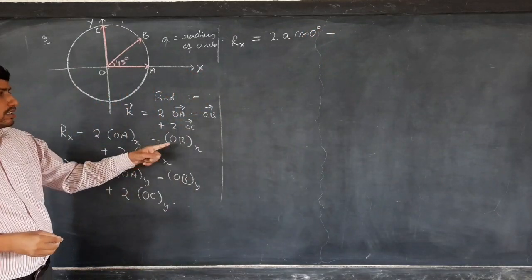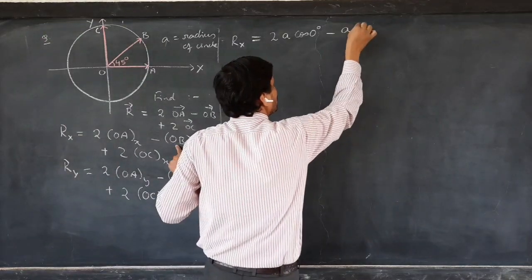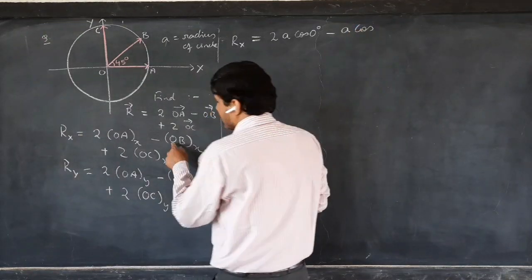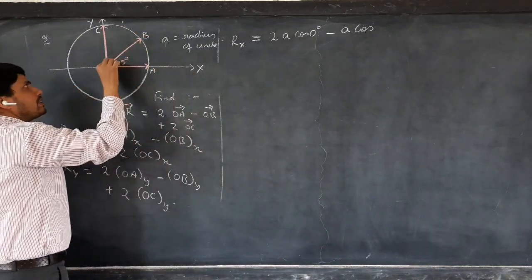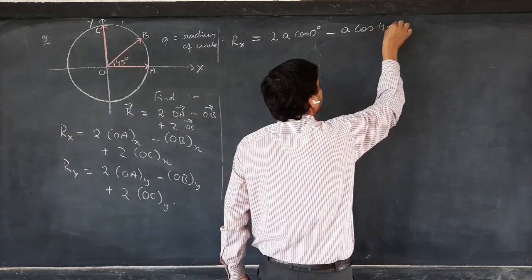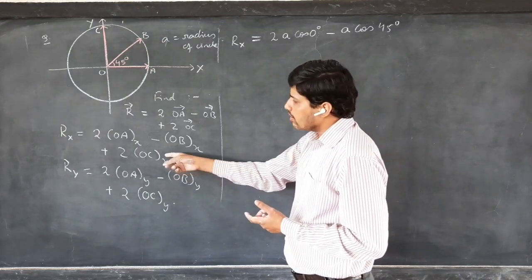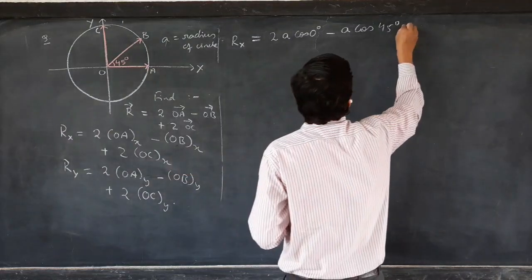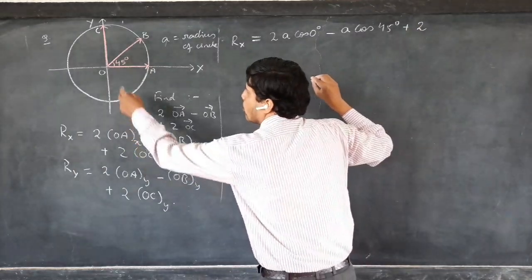And then we have minus the x component of OB vector, which will be a, its magnitude, into cos of the angle made by OB vector with the x-axis. Now this is OB vector. It makes 45 degrees with the x-axis. So we'll write cos 45 degrees. Okay. Now I think you can easily say what the third term will be. That will be plus twice the x component of OC vector.